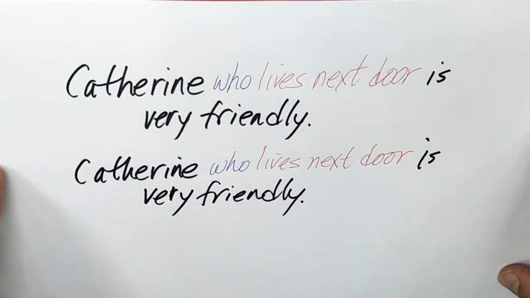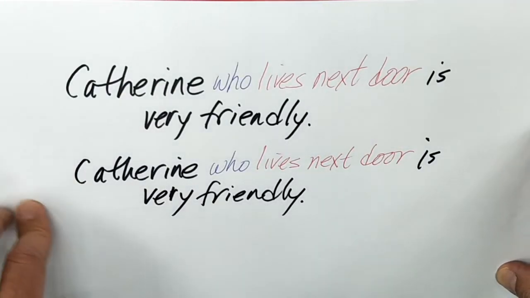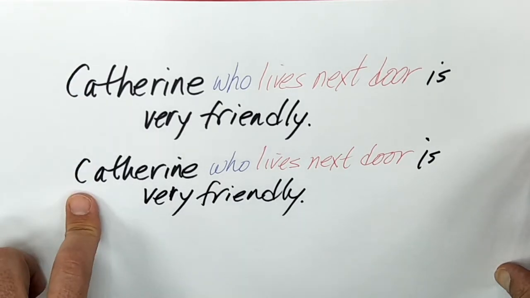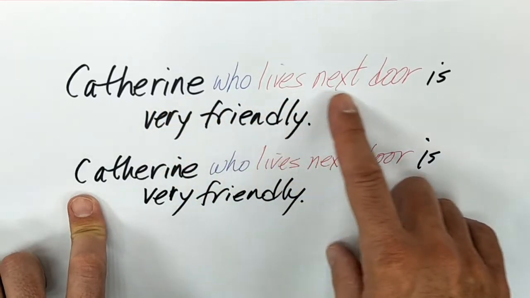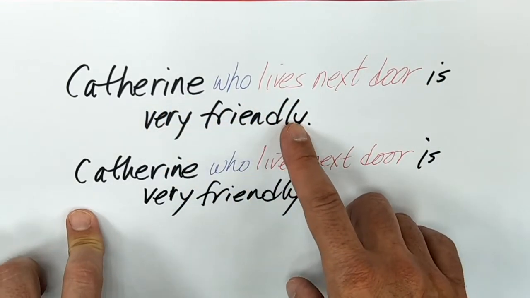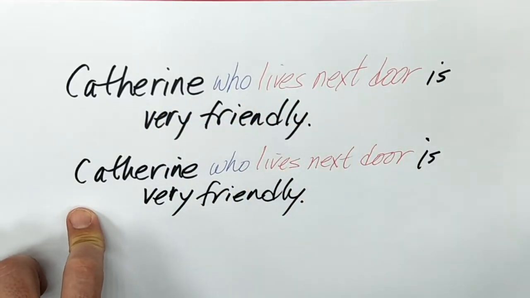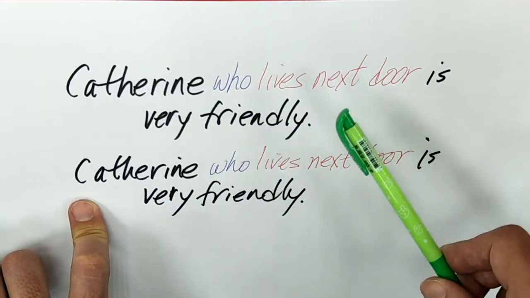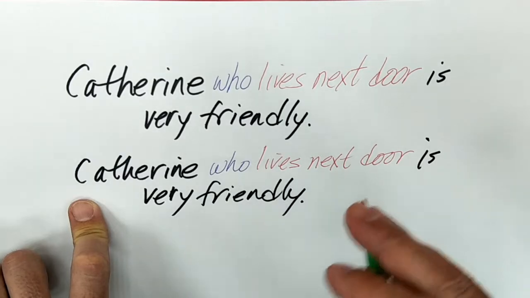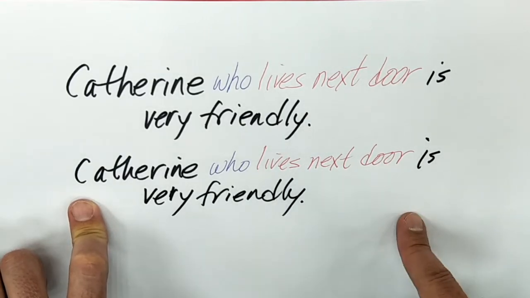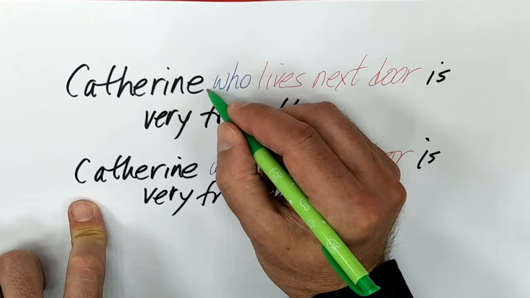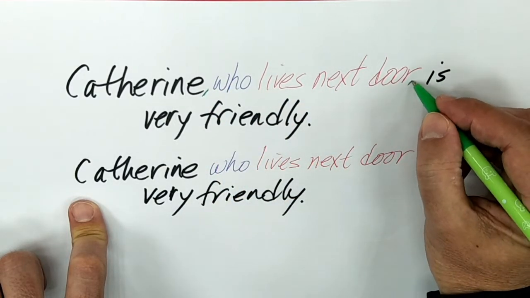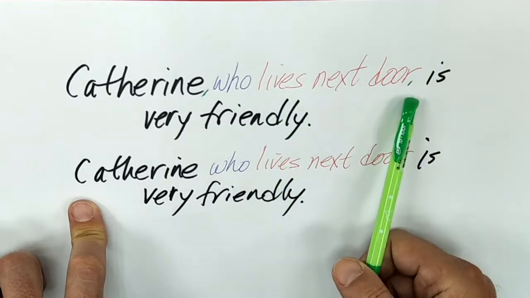Okay, now I want to talk about commas and adjective clauses. So we have two sentences here. Catherine, who lives next door, is very friendly. Now, if you think that who lives next door is not important to understand the sentence, then you use a comma next to Catherine, in front of who, and behind the adjective clause.